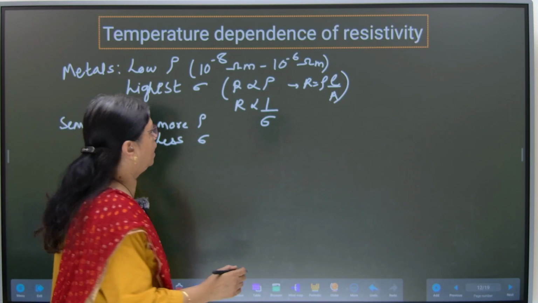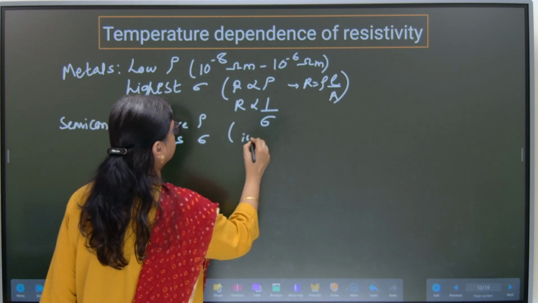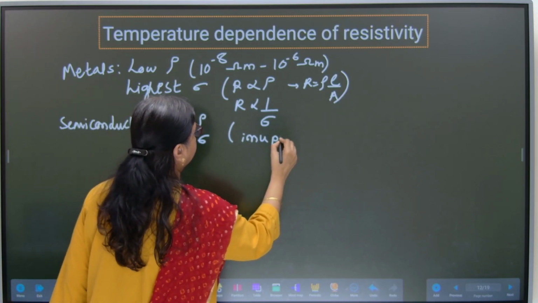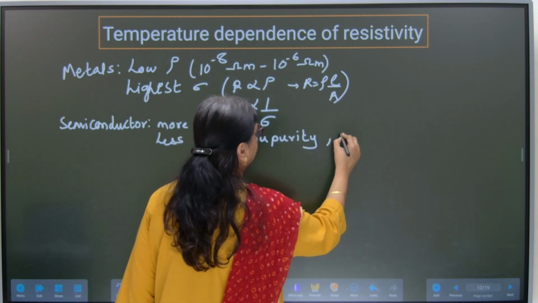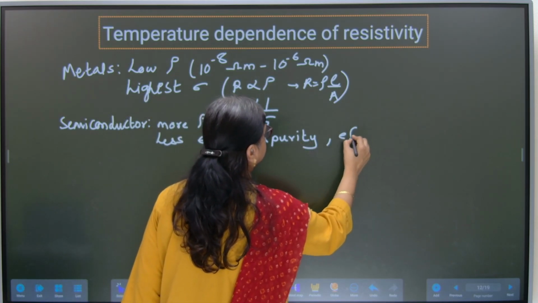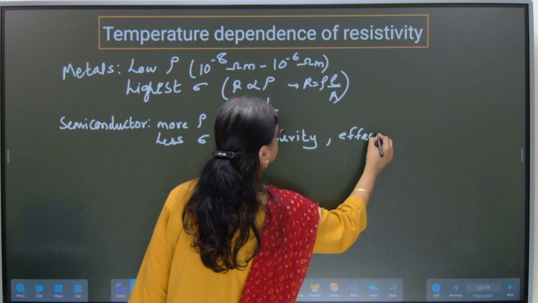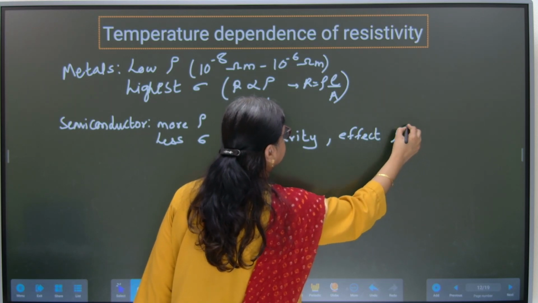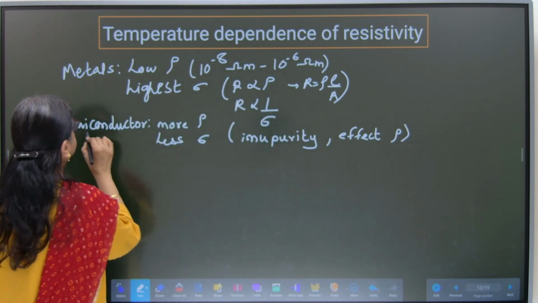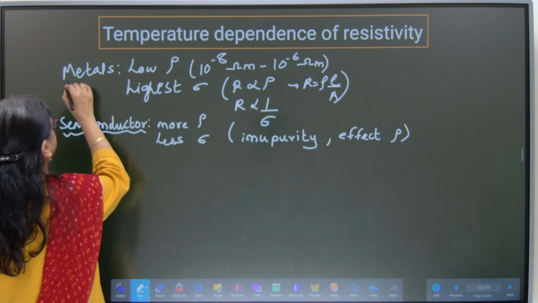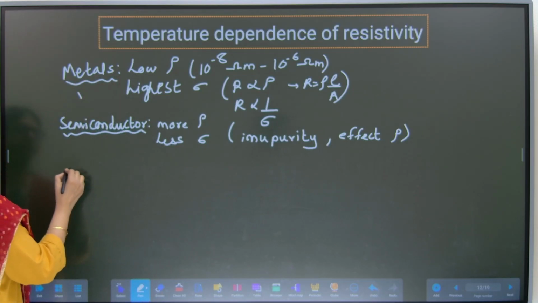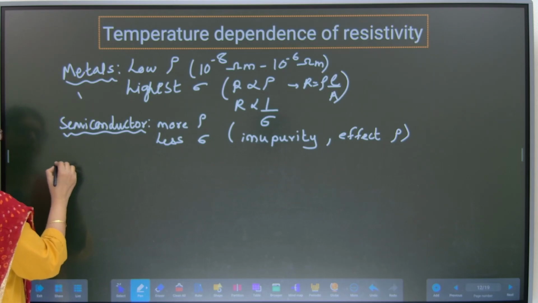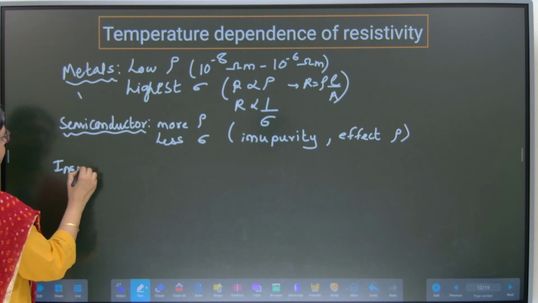Fine. Small amount of impurity in the semiconductor can affect the resistivity of a semiconductor. Okay. So now we have the third classification, that is an insulator.